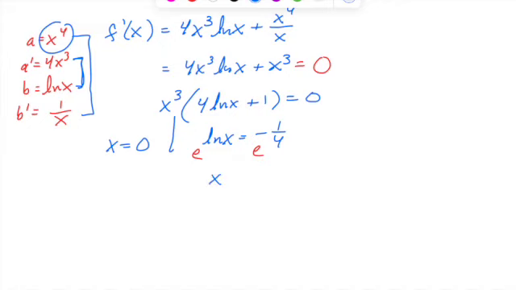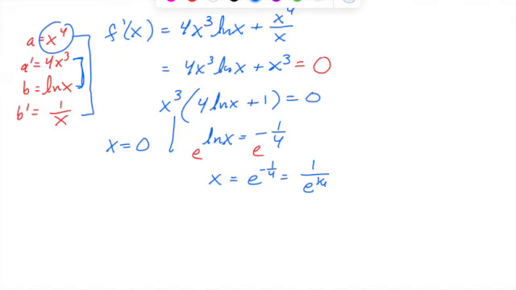That will leave you with x on this side, and you get e to the negative 1/4. It's really just taking your thing from log form to exponential form, if you like to think of it that way. And we tend to not like negative exponents, so we might write that as 1 over e to the 1/4, or 1 over the fourth root of e, if you like.